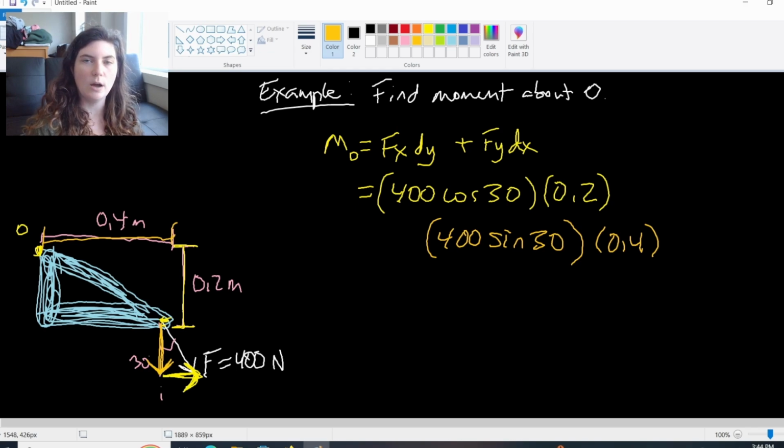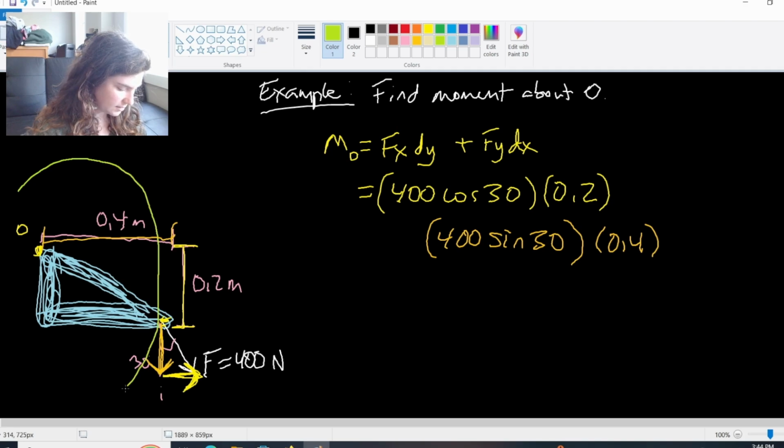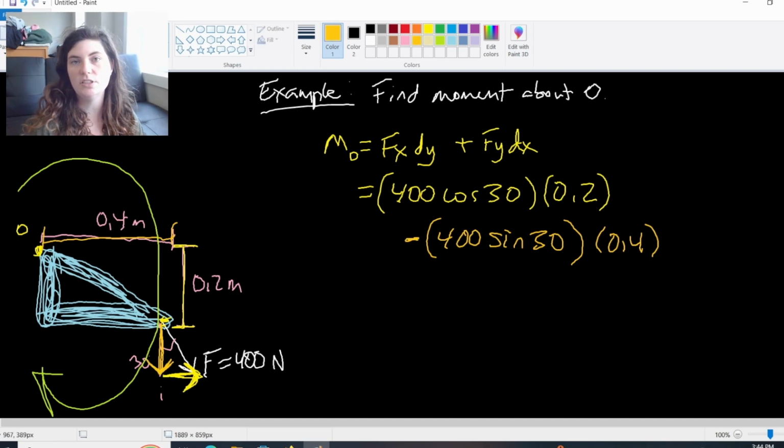Check, is it going counterclockwise or clockwise about point O? It's going clockwise. It's actually going the opposite direction, right? So that means this has to be a negative term. We have to subtract this because the x component and the y component are going in opposite directions.